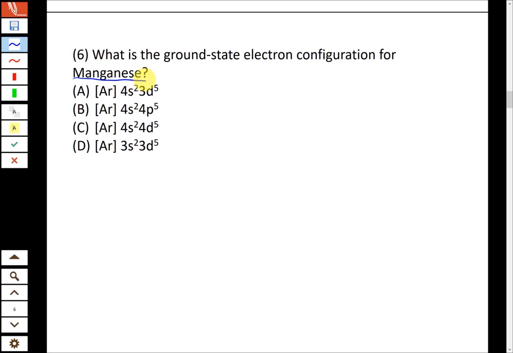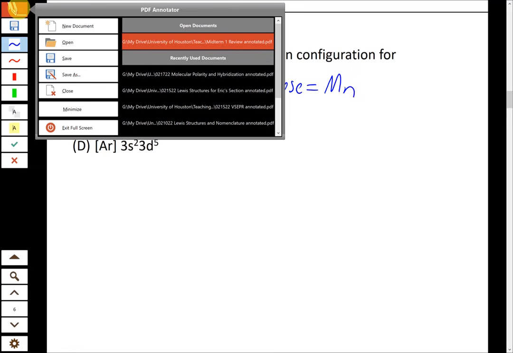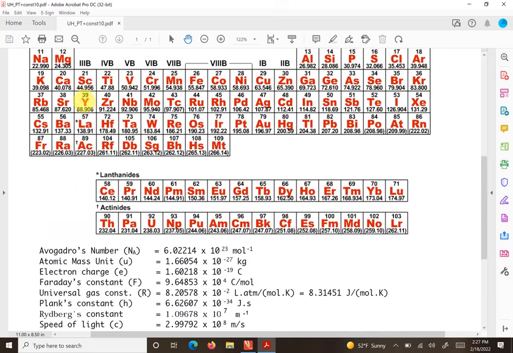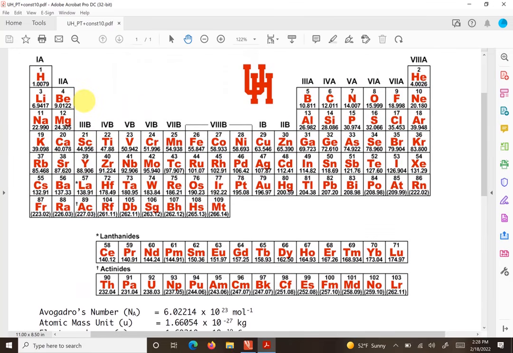So here we're looking for manganese. So there's some names that are similar, but manganese, the symbol for that is Mn. Okay. So we got to find that in the periodic table. So again, the way that I like to approach electron configurations is to use the periodic table to tell us which order we're going to fill the subshells.